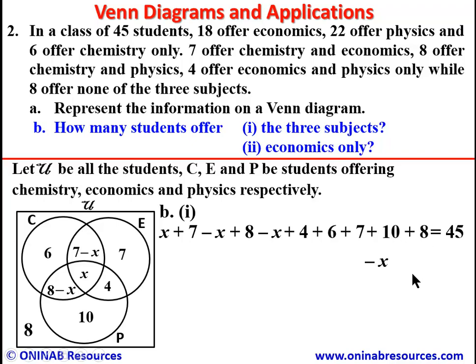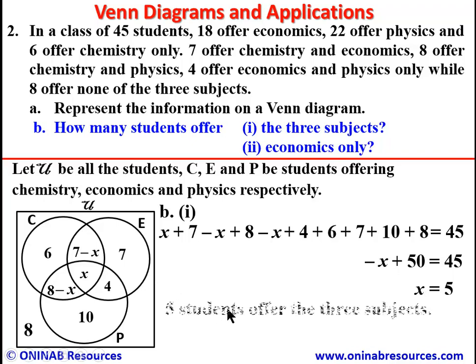Altogether, we have 50 minus x is equal to 45. So we solve this equation. We have x is equal to 5. Therefore, 5 students offer the 3 subjects.